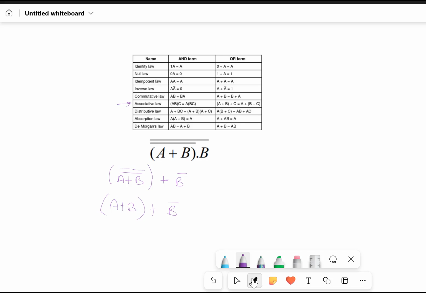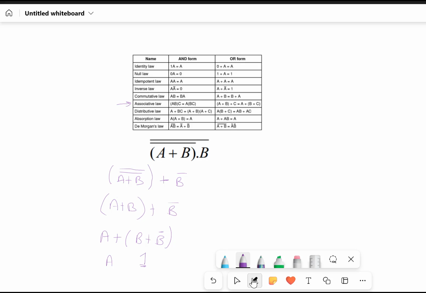So instead of this being A or B or not B, we can have it as A or, B or not B, like that. B or not B equals 1.